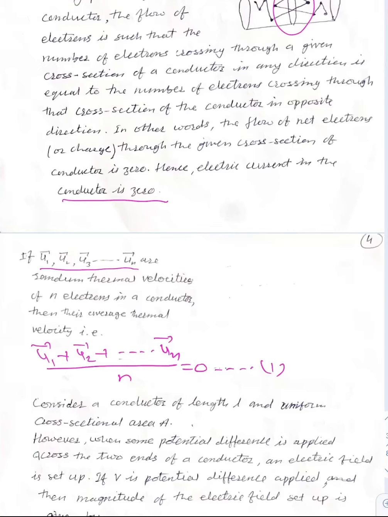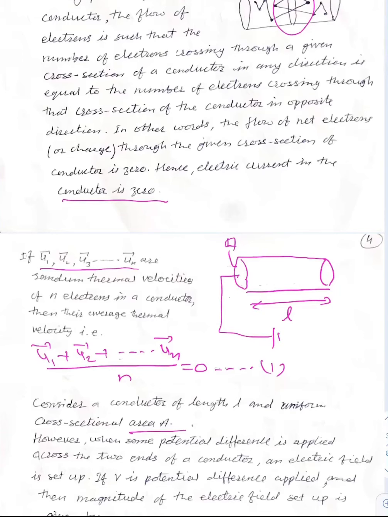Consider a conductor of length L and uniform cross-sectional area A, connected through a cell.